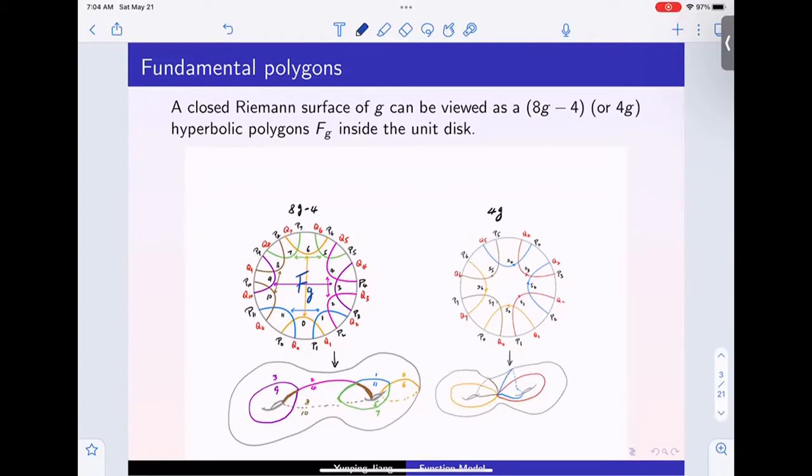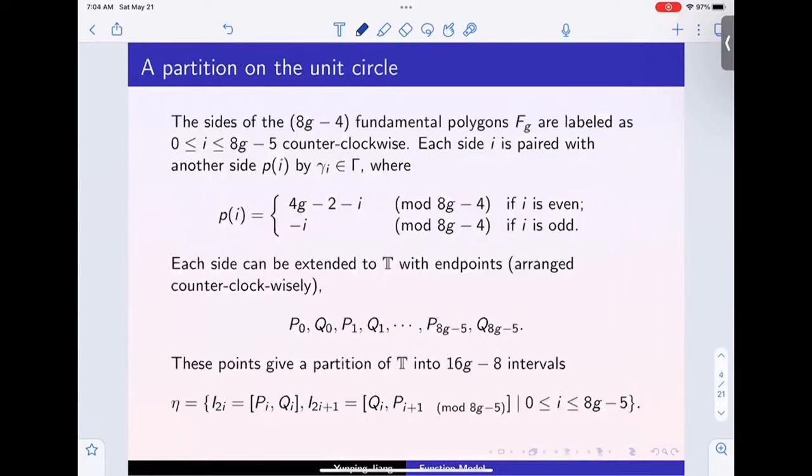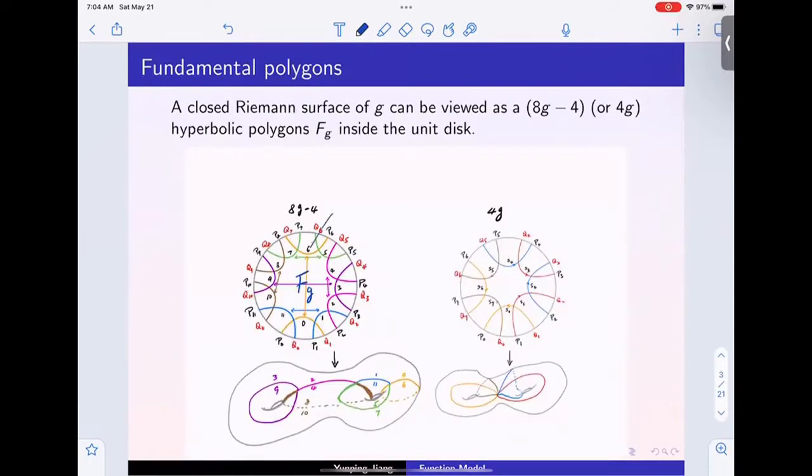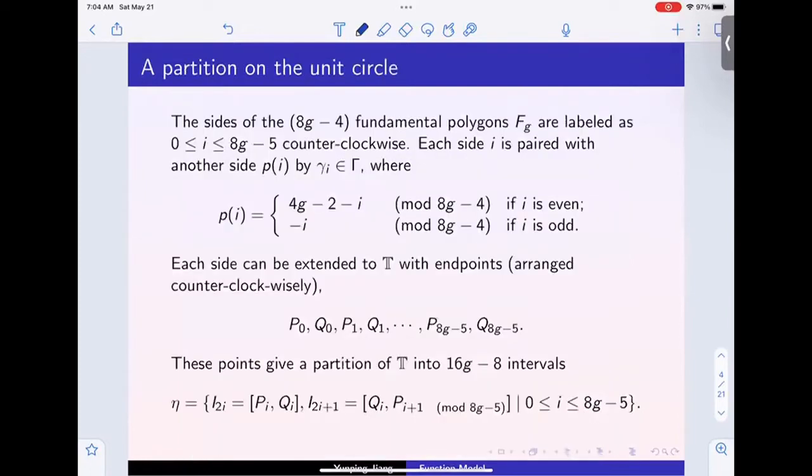In the next slide, we see how the sides of the (8g minus 4)-gon fundamental polygon can be labeled. We label all the sides, here are the sides, from 0 to 8g minus 5, counterclockwise.